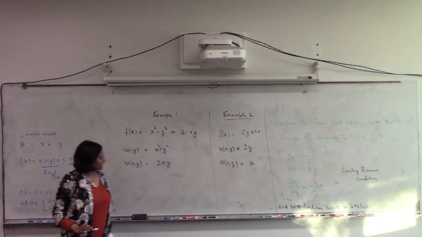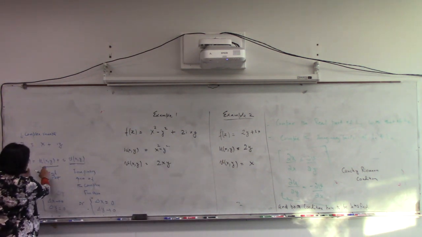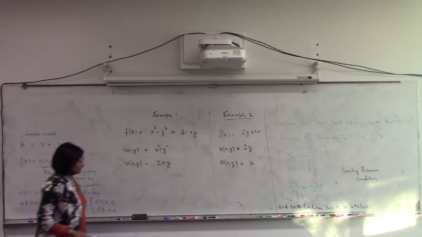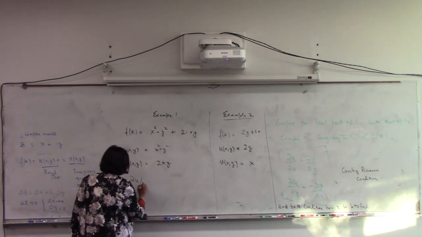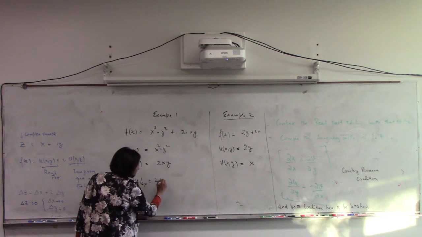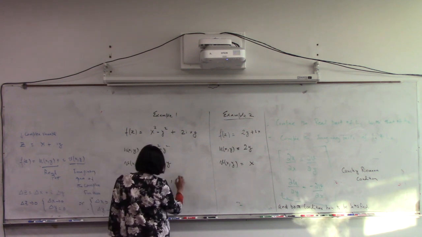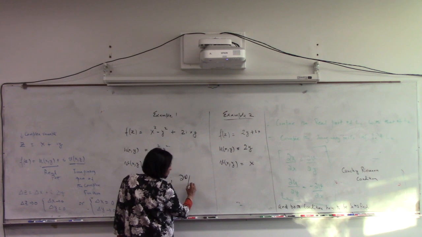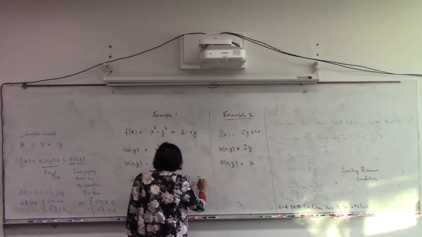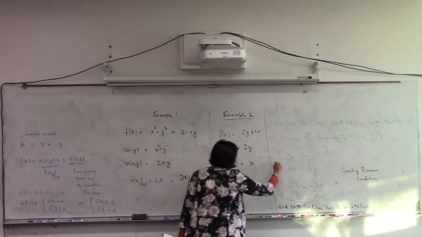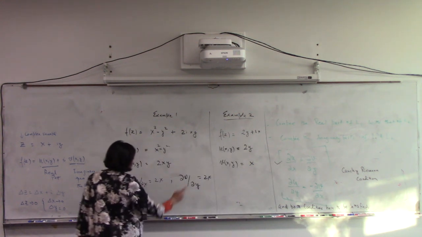First, just identify what's the real part corresponding to that. So partial u with respect to x is 2x, right? Partial v with respect to y is 2x. Okay, the first condition is satisfied. And what about the second condition?